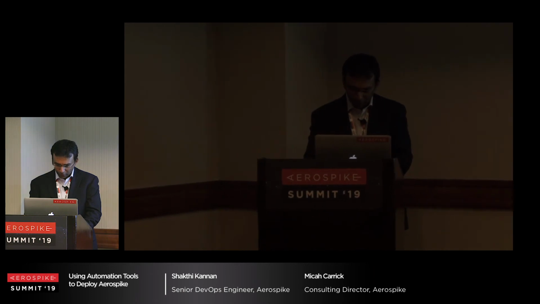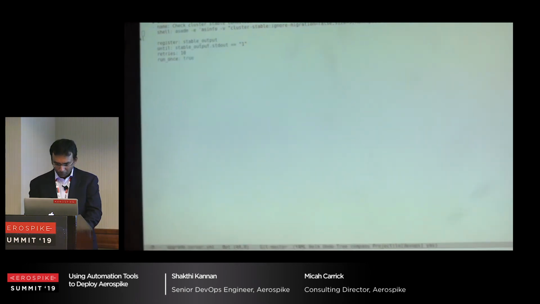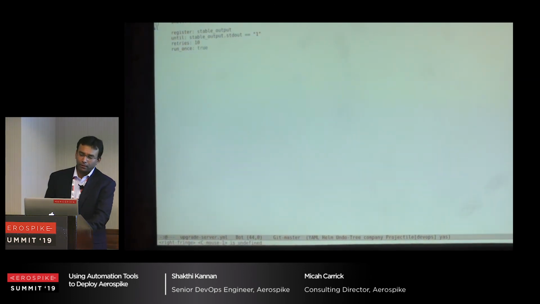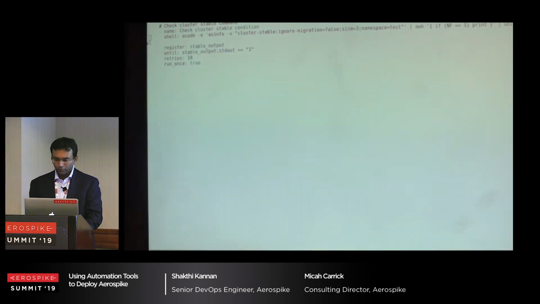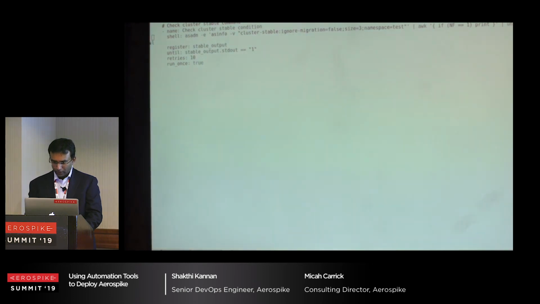Let me show you the documentation for this. So if you go to the Aerospike docs upgrade page, they actually give you the list of checks that you need to do. And the cluster stable check is one of those.